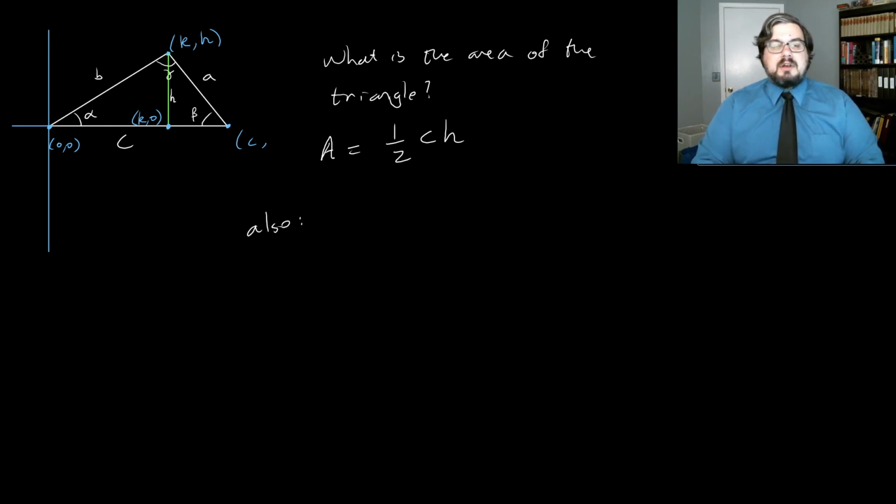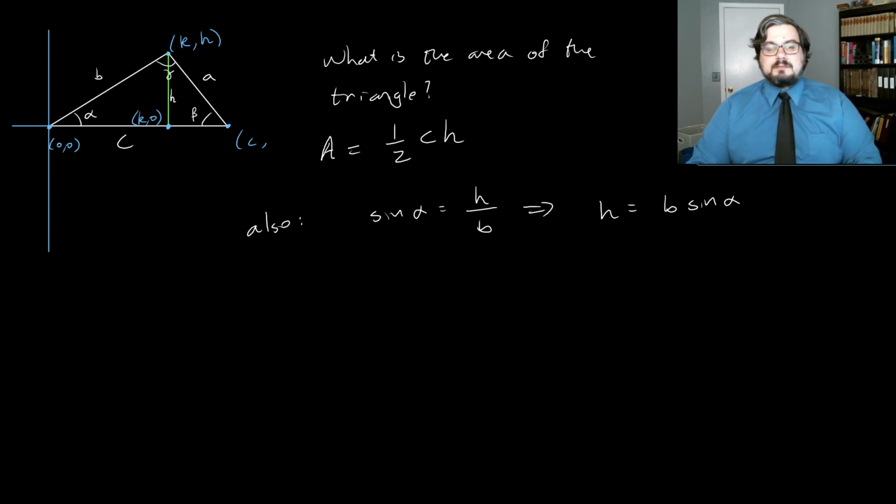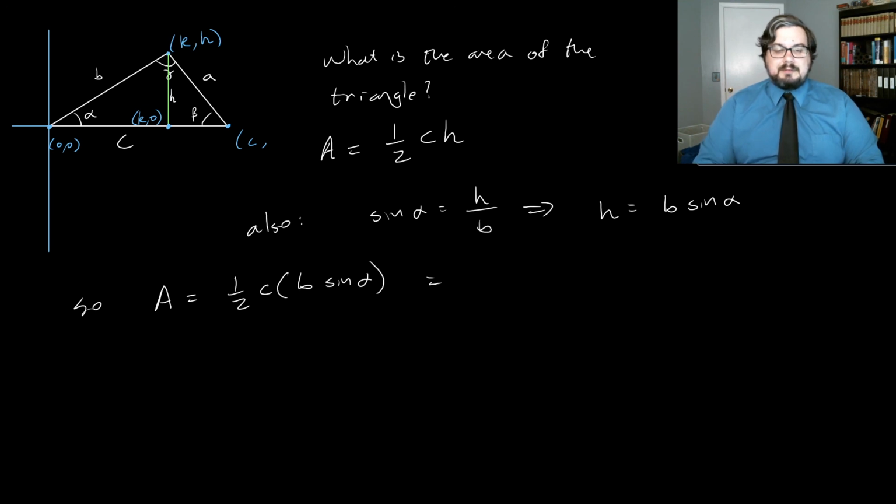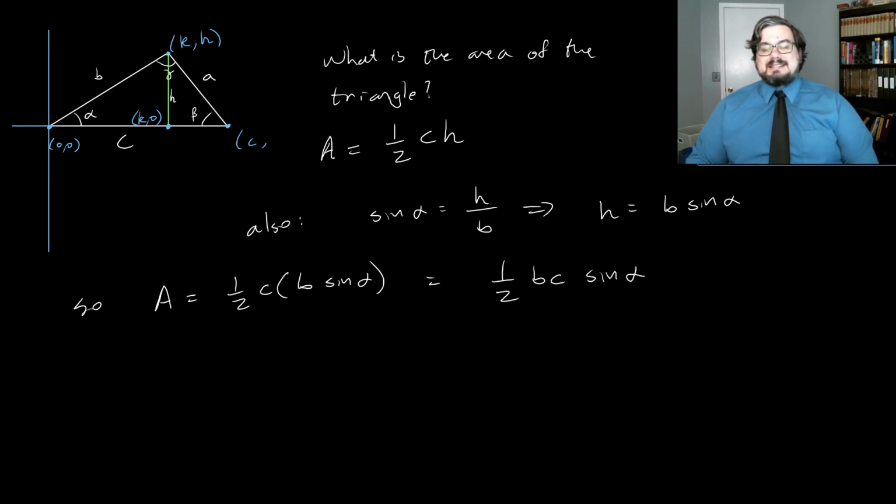We also know that the sine of alpha is equal to h over b, which implies that the height of the triangle is equal to b times sine alpha, as we've got it set up this way. So this means that the area of the triangle is 1/2 times c times b sine alpha, or if we rewrite it in the more standard way, we get 1/2 bc sine alpha.